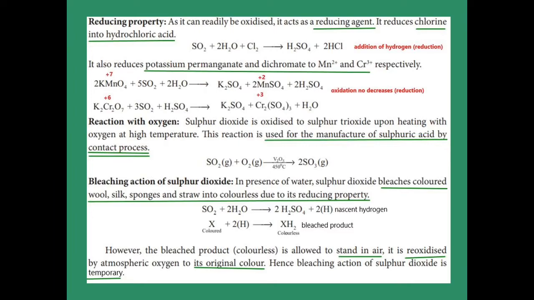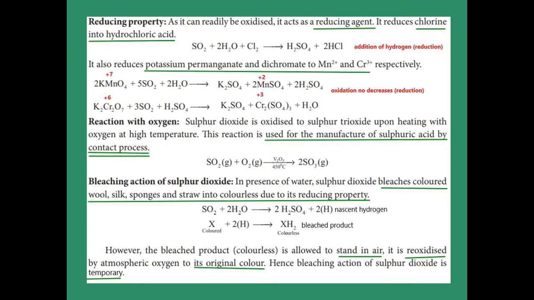The hydrogen is added to the colored compound. So addition of hydrogen is called reduction. The reduction is undergone with the help of sulfur dioxide, so it is called the reducing property of sulfur dioxide. So bleaching action happens because of the reducing property of sulfur dioxide.